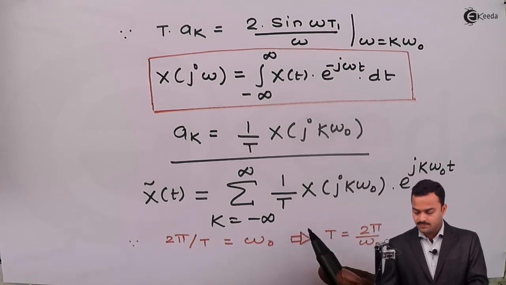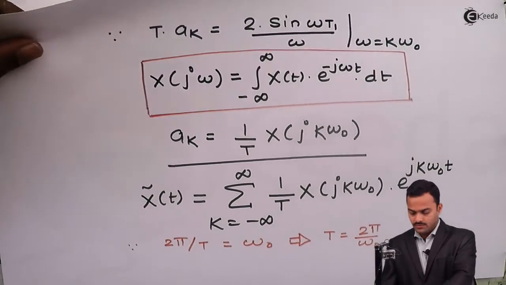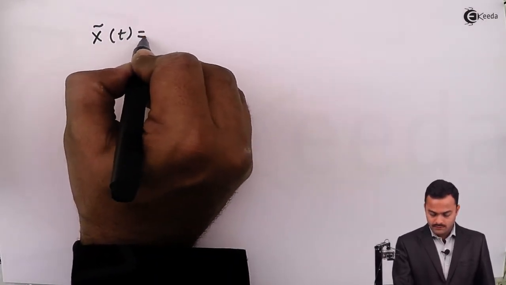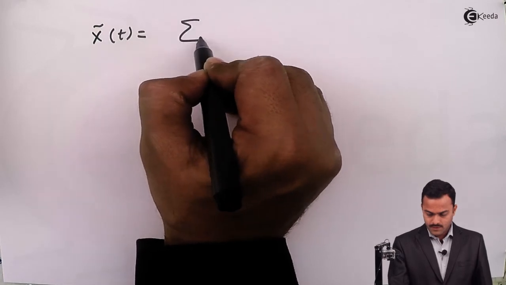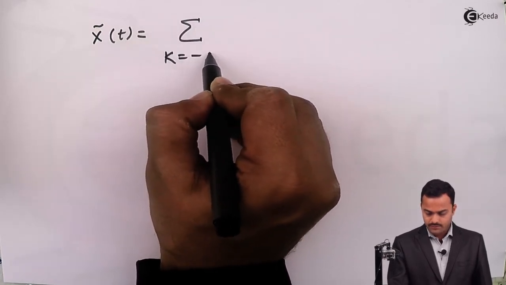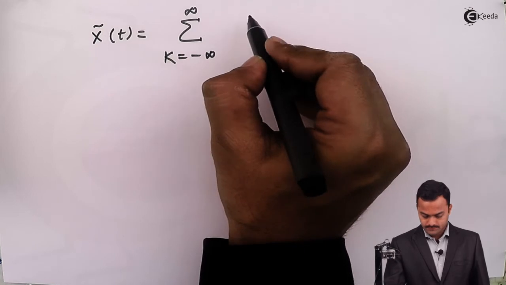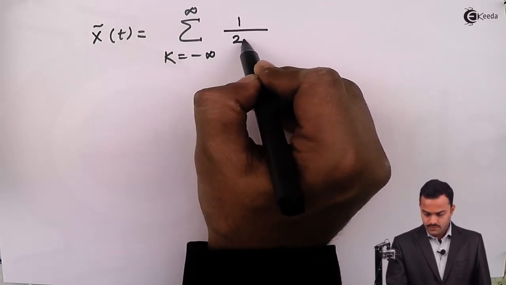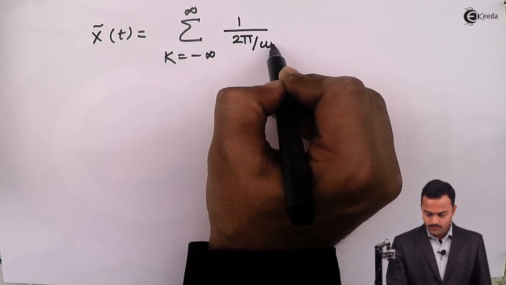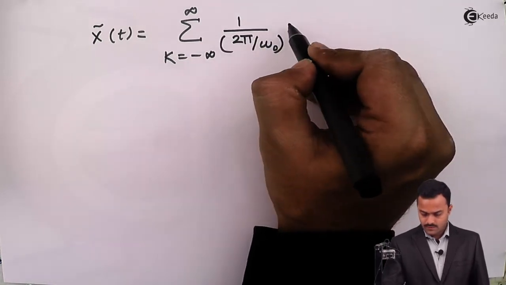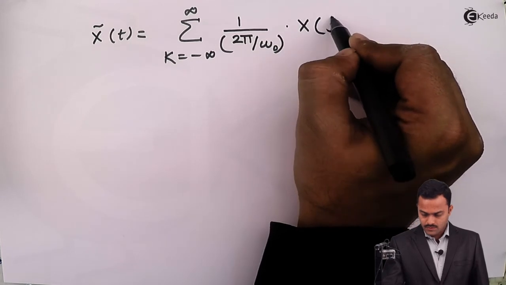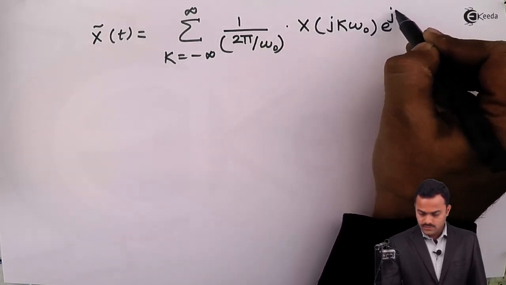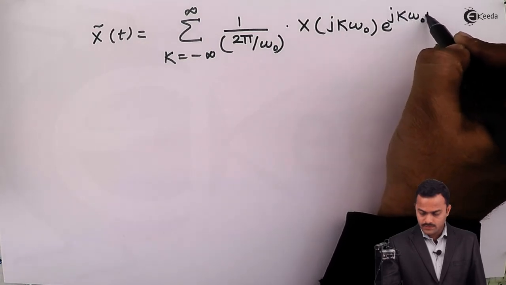So let's replace T by 2 pi by omega 0, so that x bar t becomes the summation over k from minus infinity to infinity of 1 upon 2 pi by omega 0, into X of j k omega 0, e raised to j k omega 0 t.